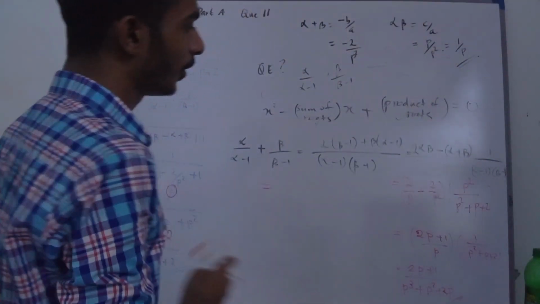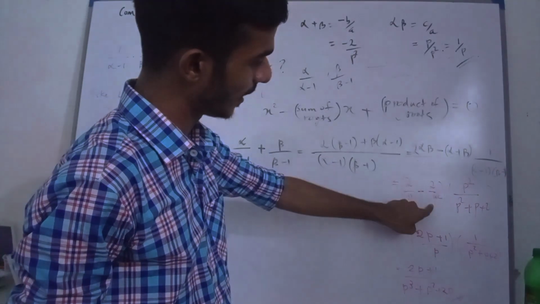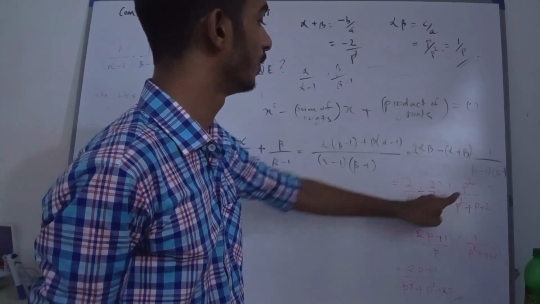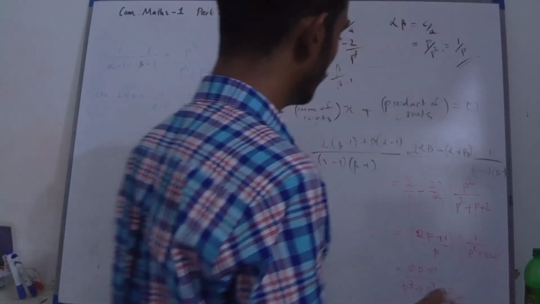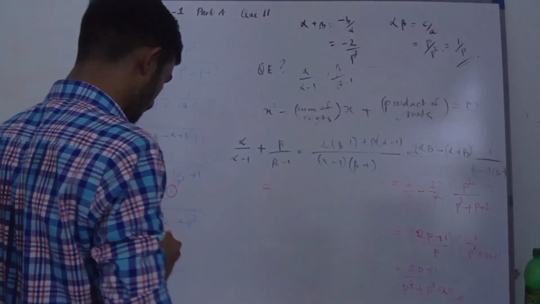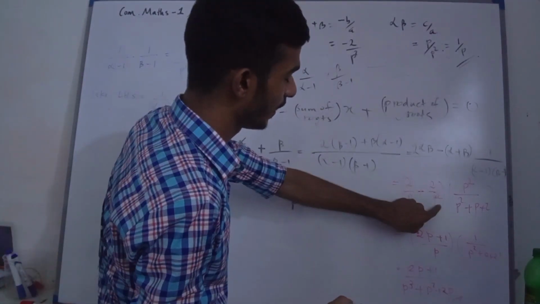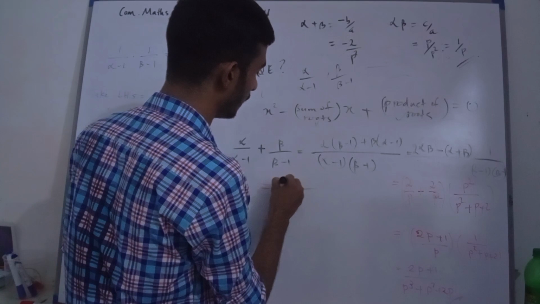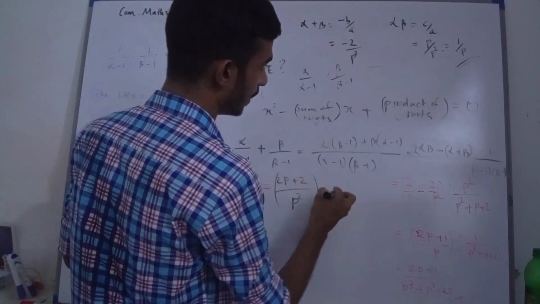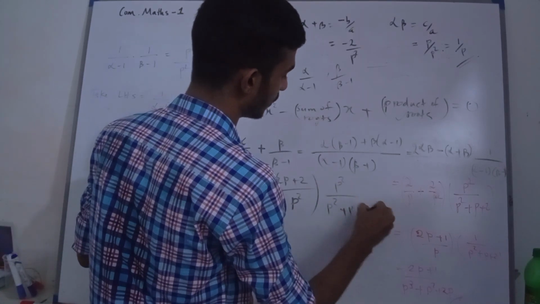Now what I'm going to do is 2 plus 2 over p plus 2 over p square, and here we have p square. Okay. Now I'm going to take p square common. Now if I take p square, now this will become 2p plus 2 into p square divided by p square plus p plus 2.